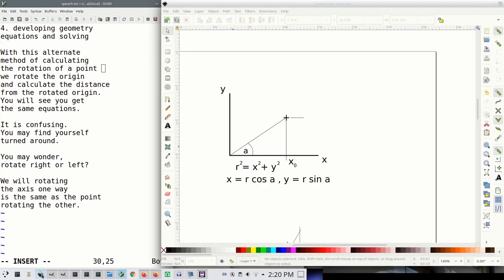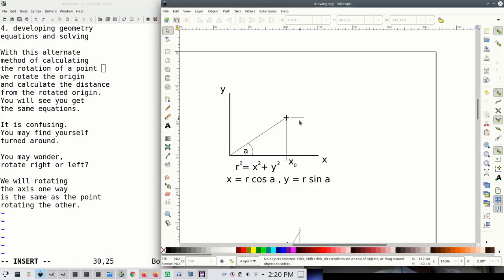Begin. First, we'll go over the previous version. Here's a point on a plane in the xy axis, and x equals r cos a, where r is the length from the origin, r for radius, because we're going to be rotating it and it's going to make a curve, and the radius is not going to change with the rotation.